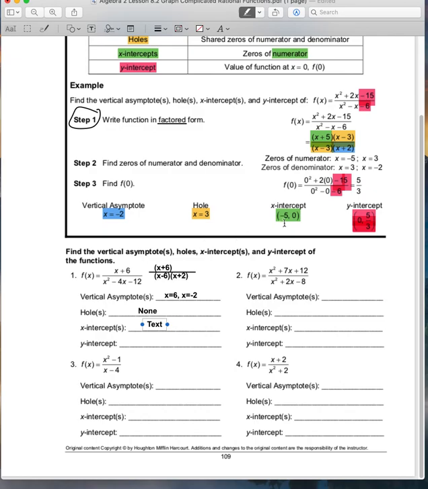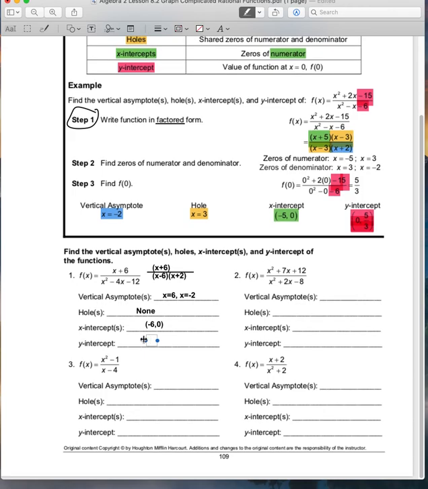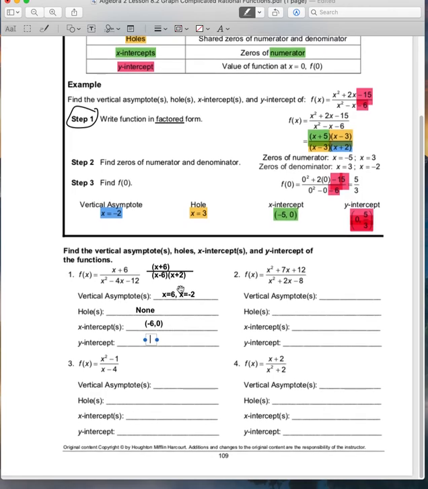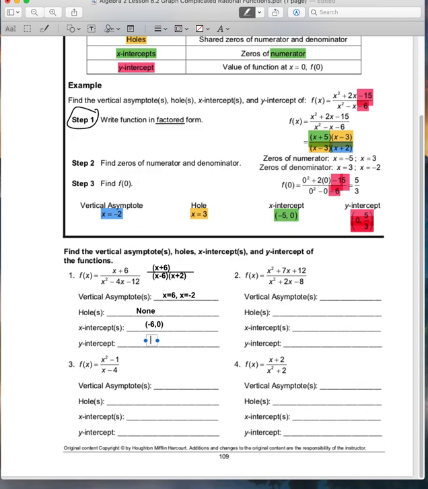Okay, the x-intercepts then, they come from the green. That is the numerator. What makes that 0? It's a negative 6, but I have to write it as an ordered pair. For the x-intercept, the negative 6 is the x value, and 0 is the y value. That's the definition of an x-intercept. Then for the y-intercept, I go back to these two and reduce.